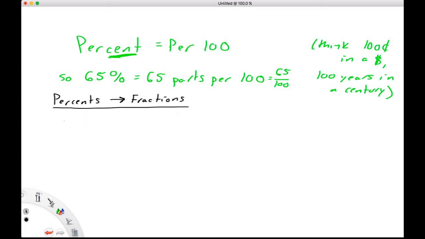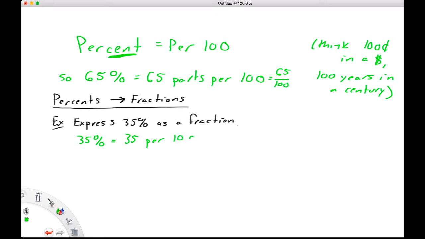So for example, we could express 35% as a fraction because 35% literally means 35 per 100, or 35 100ths.